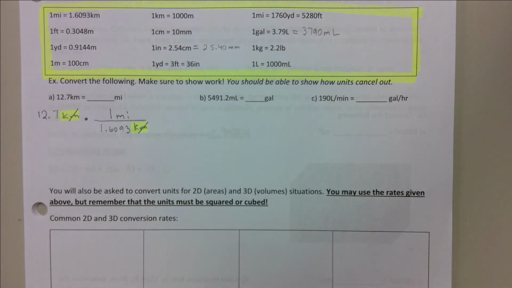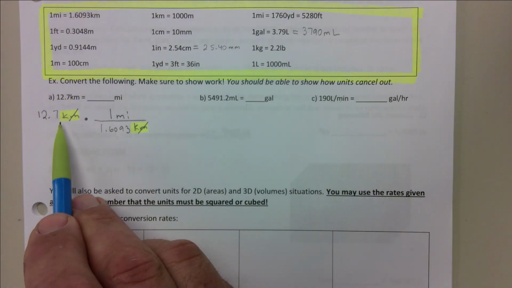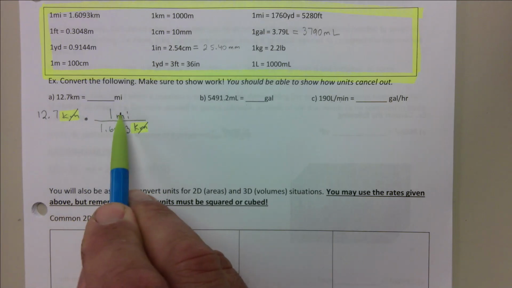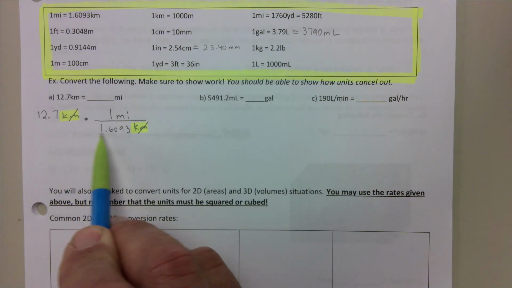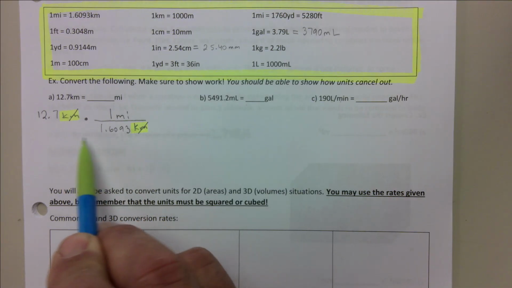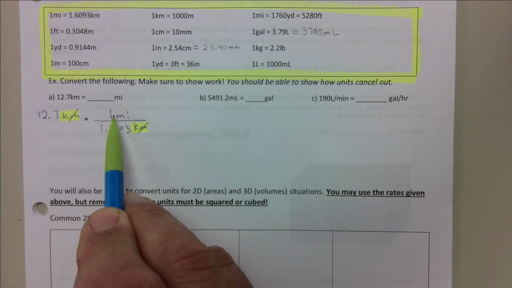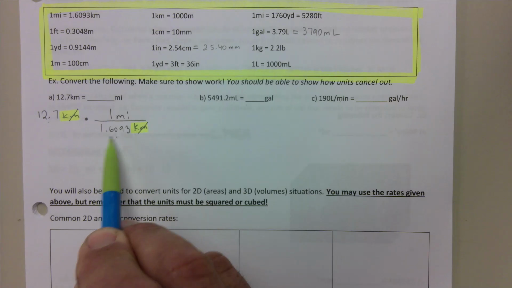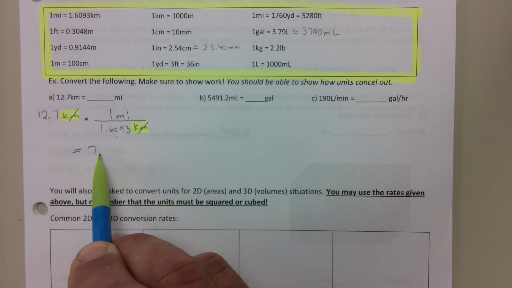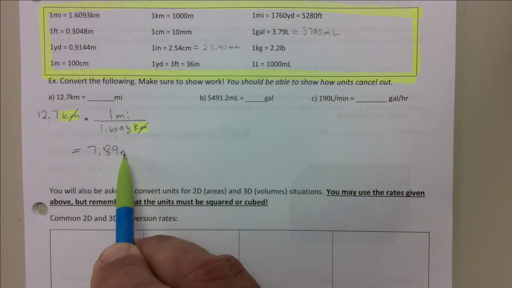In this case, guys, this is very important because you're so close sometimes, but you get it wrong. You multiply numerators, you get an answer, and then you divide it by whatever the denominators multiply to. In this case, if I go 12.7 times 1 and then divide it by this, I get 7.89 miles.